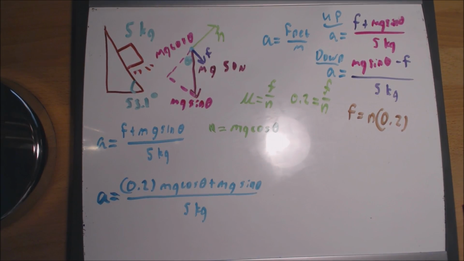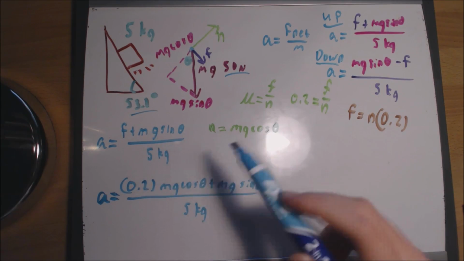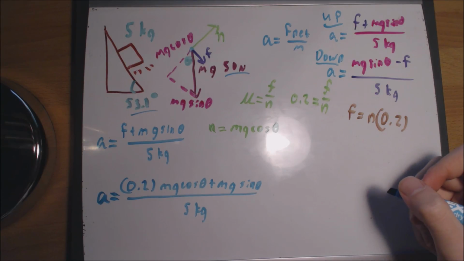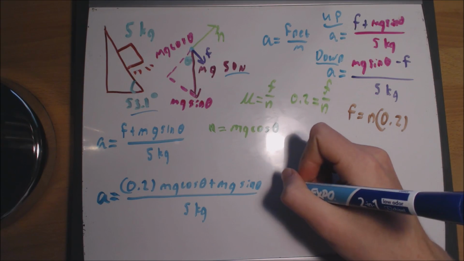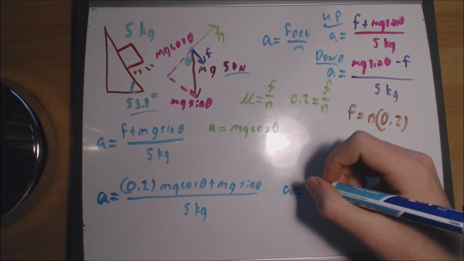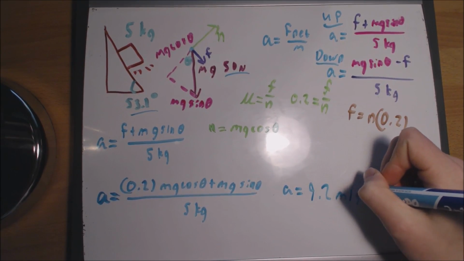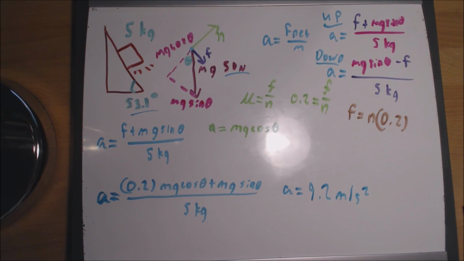This is kind of complicated, but we've now set it up so the only thing we need to plug in is mg, which we know to be 50 in both situations, and theta, which we know to be 53.1. So after plugging in all that stuff and doing all the work, you get acceleration equals 9.2 meters per second squared. Awesome.